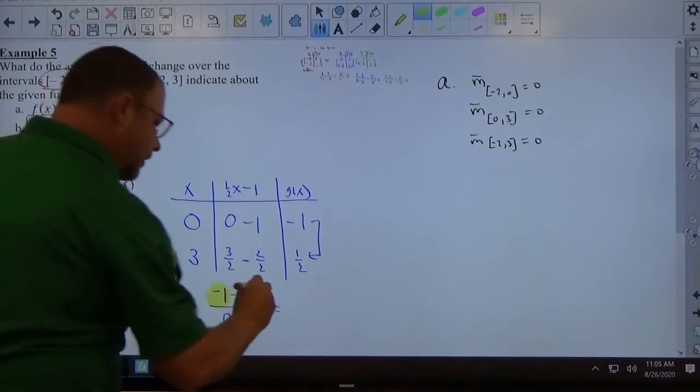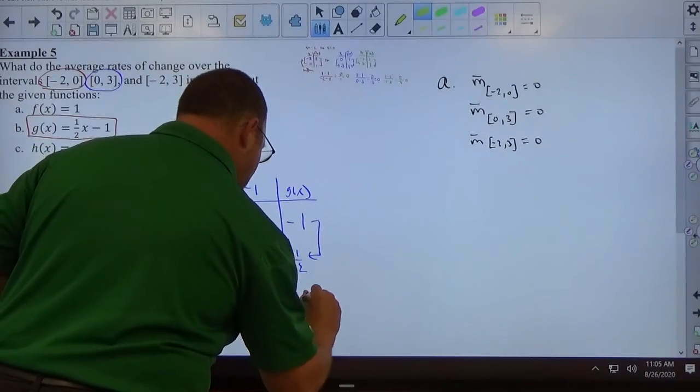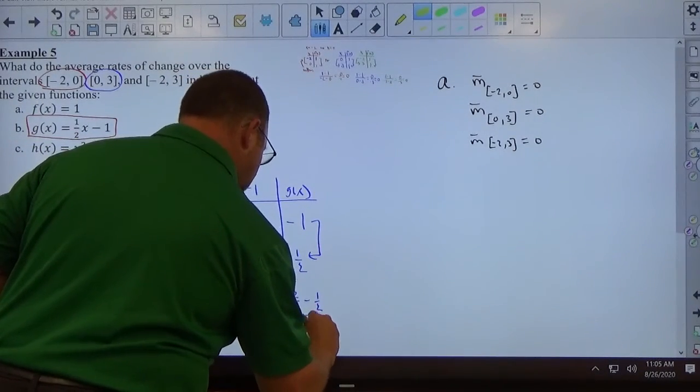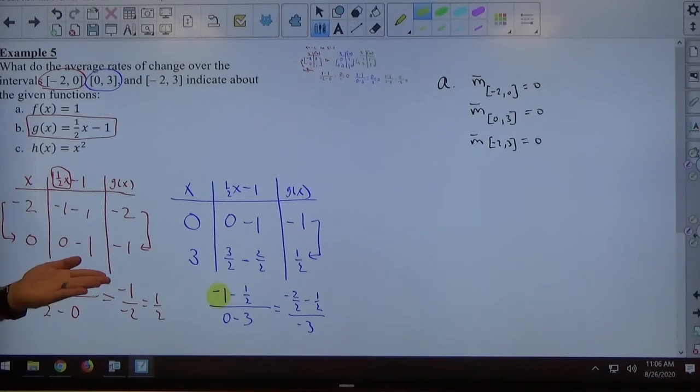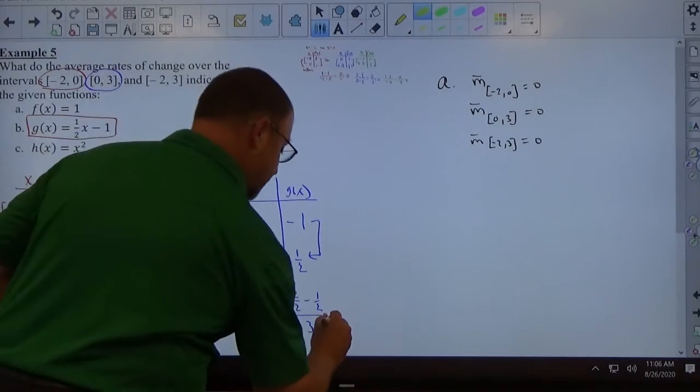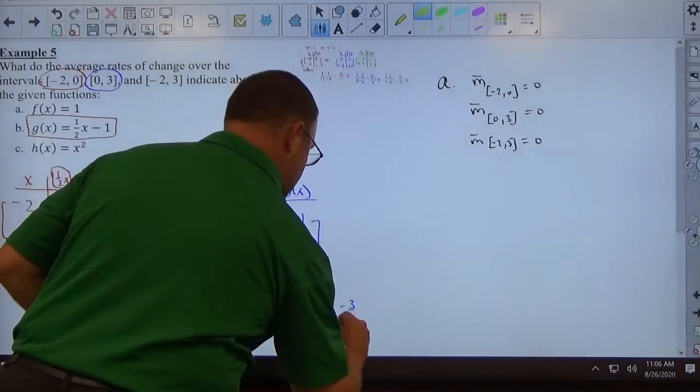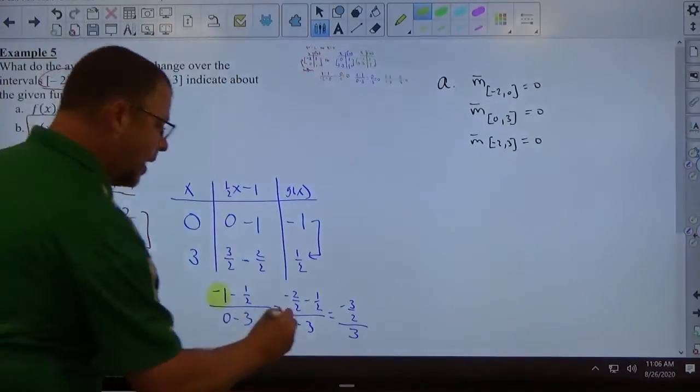So I got basically negative 2 halves minus 1 half over 0 minus 3, which is negative 3, right? What does minus 2 halves and minus 1 half make? Should we add or subtract? It says minus, right? But look at the signs of the things involved in the problem. Should we add or subtract the numbers? We're going to add because the signs are both negative, right? So 3 halves, and then they're both negative, so negative 3 halves. Okay, so negative 3 halves over negative 3.